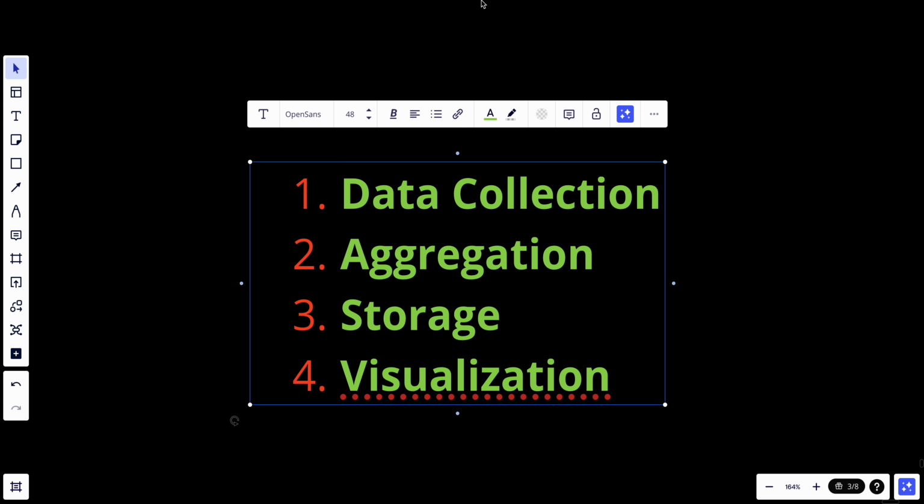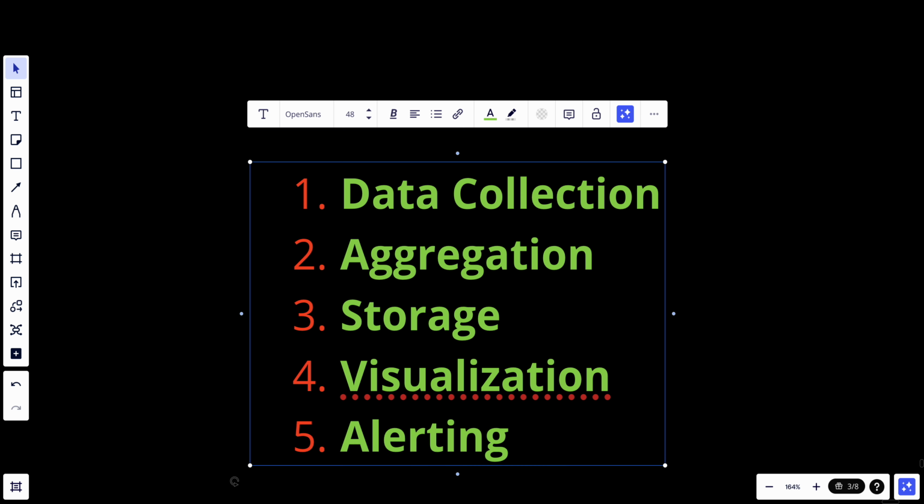Also, we have alerting. To proactively address issues, alerting mechanisms can be set up to notify relevant personnel or trigger automated responses when predefined thresholds or conditions are met or violated.